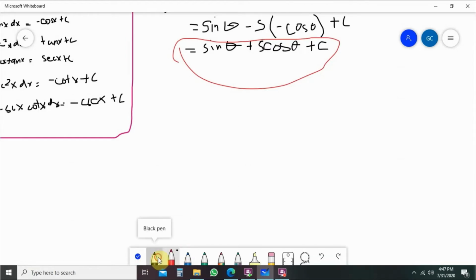A complicated one. Let's try, what if we have f of x is equal to 2 square root of x plus 6 cosine, oops, it should be cosine x.